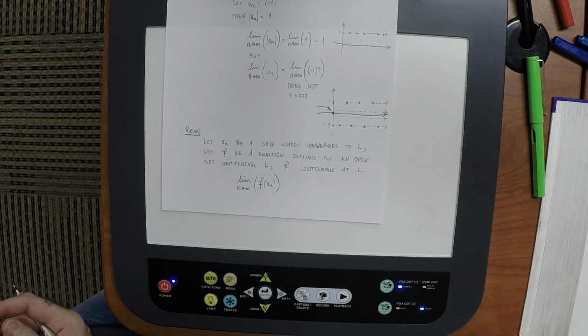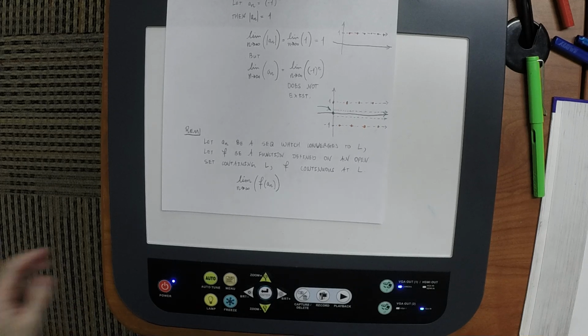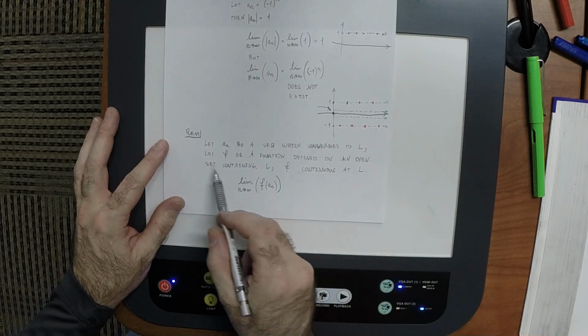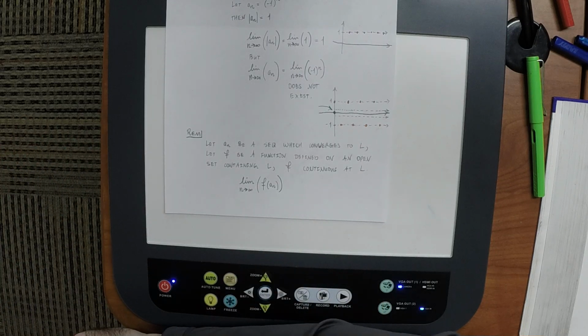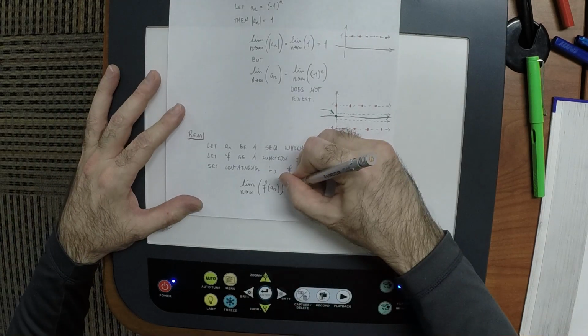We're going to pick naturals and give them to A, and A is going to do its thing and make an output. And then we're going to take the output of A and use it as the input to F. And we're just going to see what happens, right? Just as an experiment. Well, if A is a sequence which converges to L, F is a continuous function at L, and the function is defined on an open set containing L, then what is this?